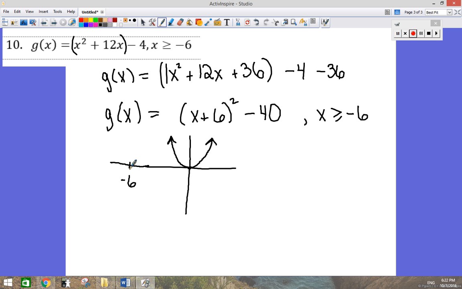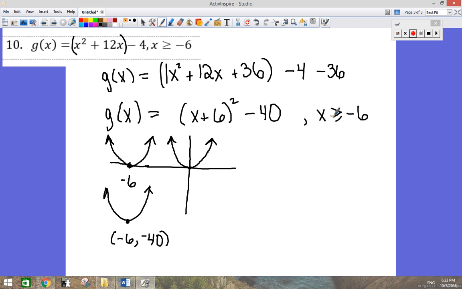So over here at negative 6, this whole graph shifts as a rigid structure. And now the vertex is at negative 6, 0. The minus 40 pushes this down 40 units, so that my vertex is negative 6 comma negative 40.